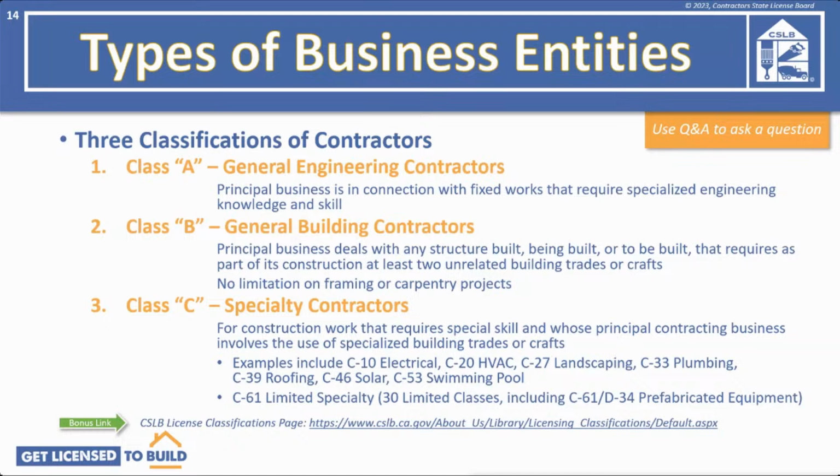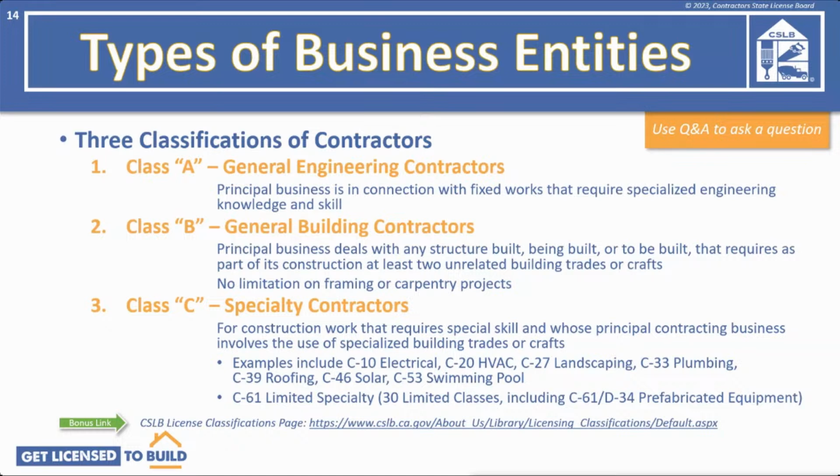The final class is C, or Specialty Contractors. These licenses are for construction work that requires a special skill and whose principal contracting business involves the use of specialized building trades or crafts. Examples from the class include C10, Electrical Contractors, C20, HVAC Contractors, C27, Landscaping Contractors, C36, Plumbing Contractors, C39, Roofing Contractors, C46, Solar Contractors, and C53, Swimming Pool Contractors, just to name a few.